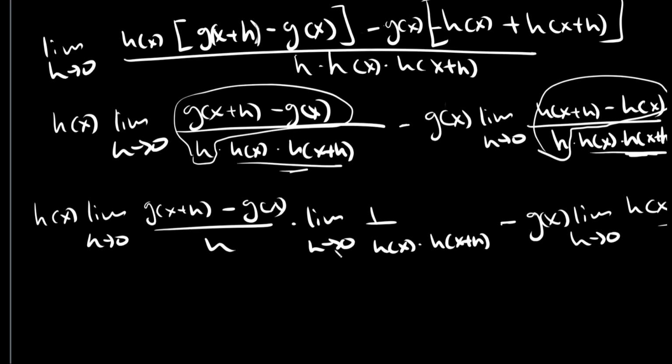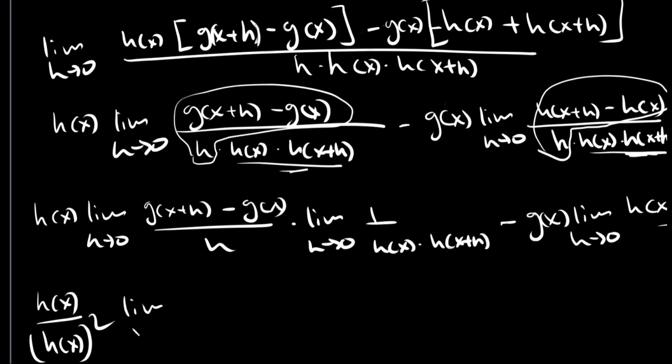So here, as h equals 0, this is going to be h again here. So I'm just going to write it quickly here. I'm going to get h of x to the power of 2, because this is going to become h of x. H is going to equal 0. So we are left with h of x times h of x.